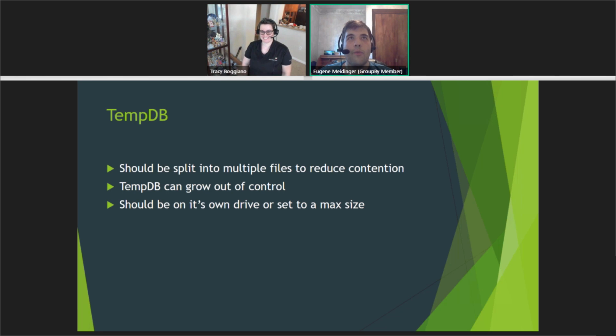So what I've heard, and I'm trying to remember the numbers off the top of my head, is twice the size of all your data, or around 4 times the size of the largest object. For me personally, a lot of that is experience with seeing how big TempDB tends to get in comparison to the database.